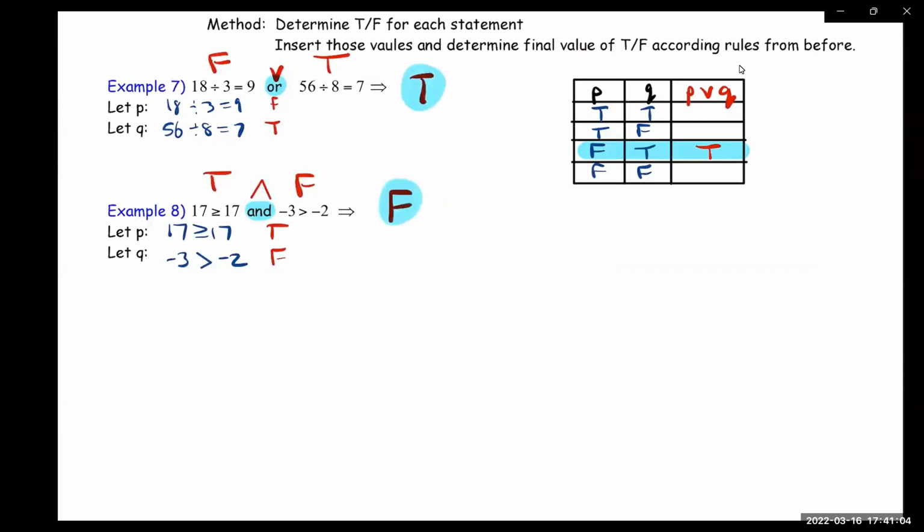Because the word and means they both have to be true in order for this to be true, which it's not. For this one, only one of them has to be true, which it is. All right, so this statement would be a false statement.